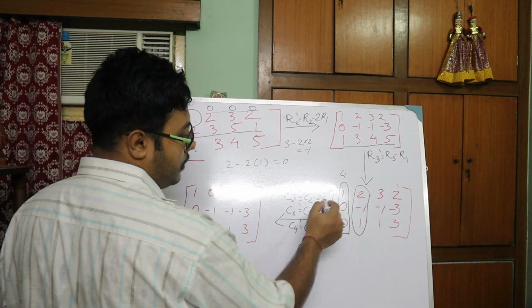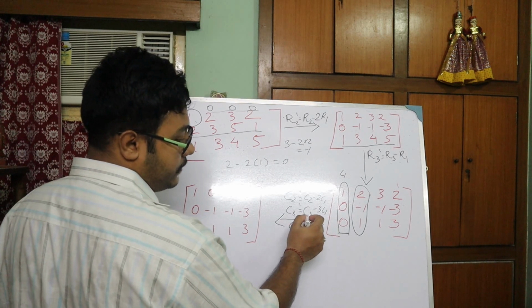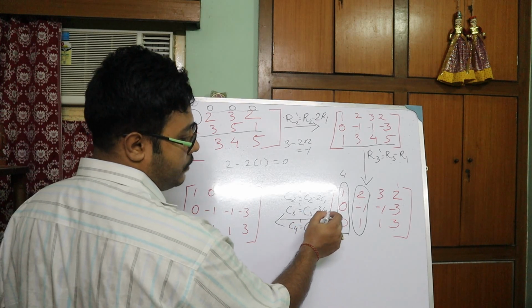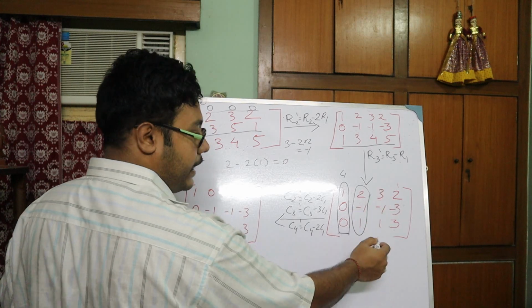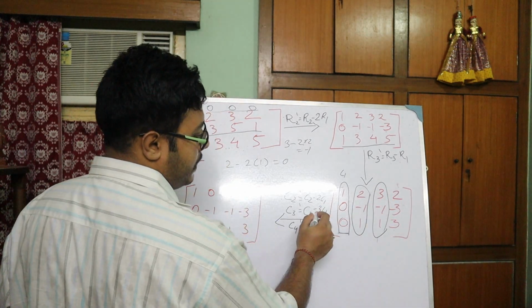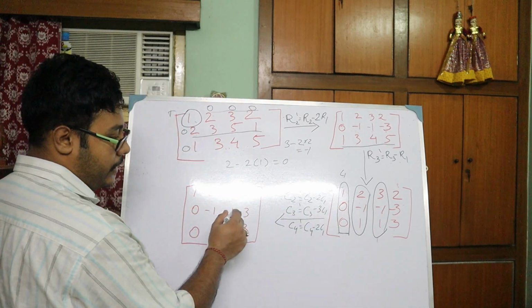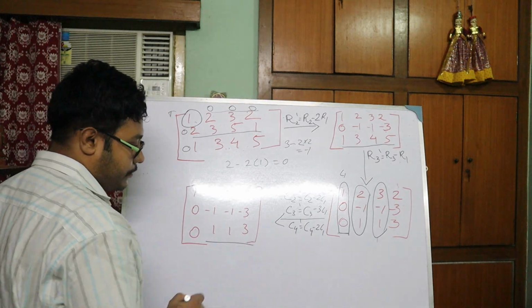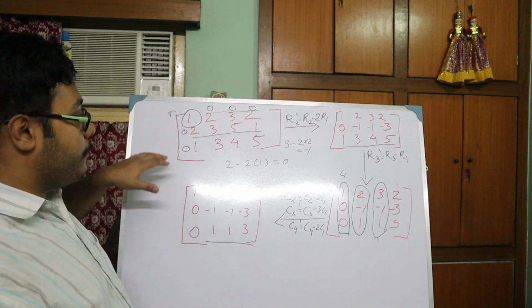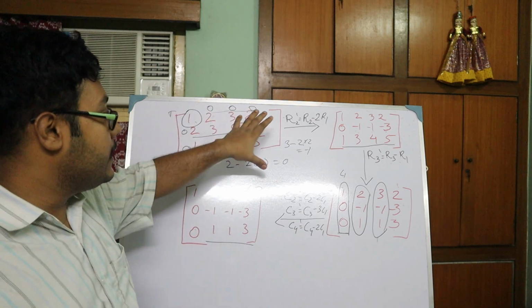In the third case also, C3 dash is equal to C3 minus 3 into C1. So we get this as a value, and in the similar manner, we get this. Hope it is clear up till this part, because due to the lack of space, I have to delete this part.